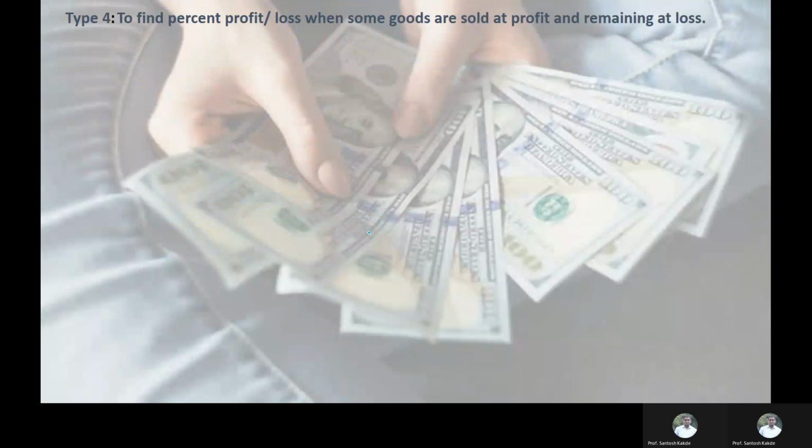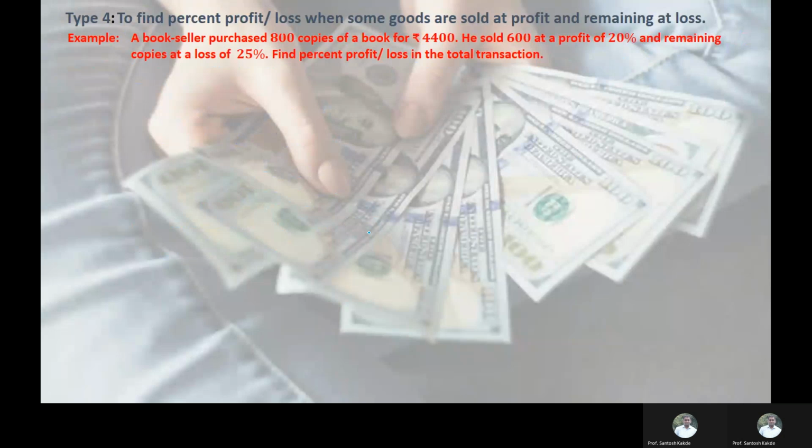Next one, consider to find the percent profit or loss when some goods are sold at profit and the remaining at loss. So remember this one. In such types of examples, which is the fourth type, we have to find the percentage when some goods are sold at a profit and the remaining at loss.